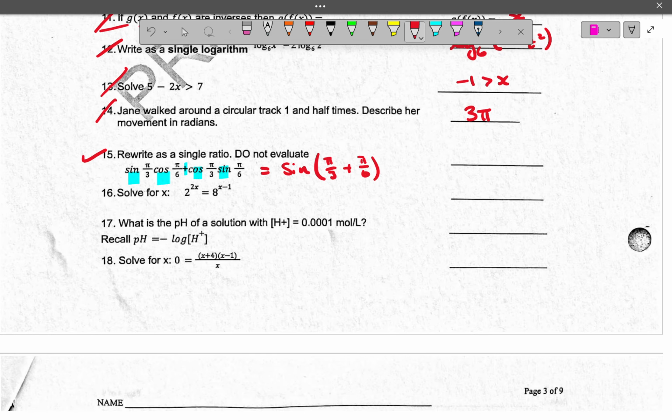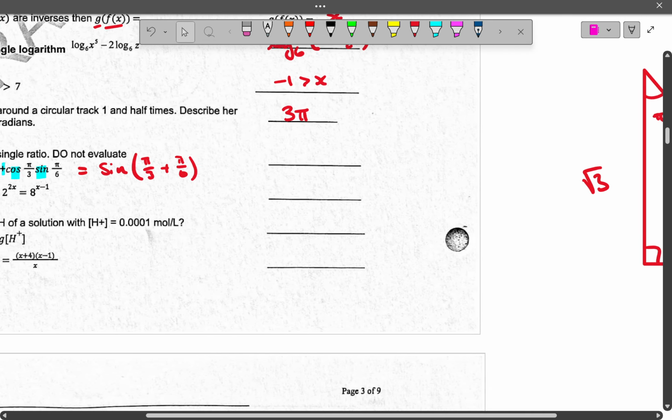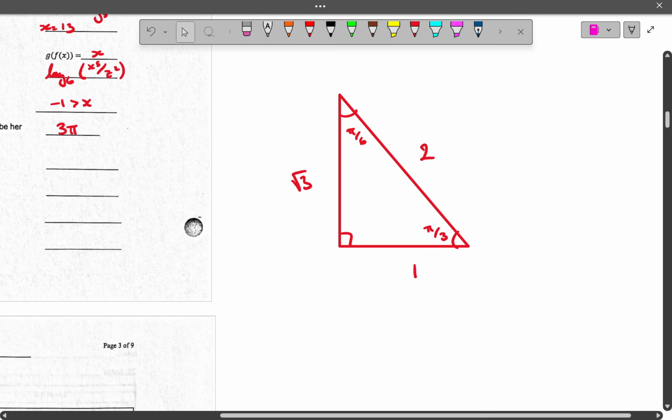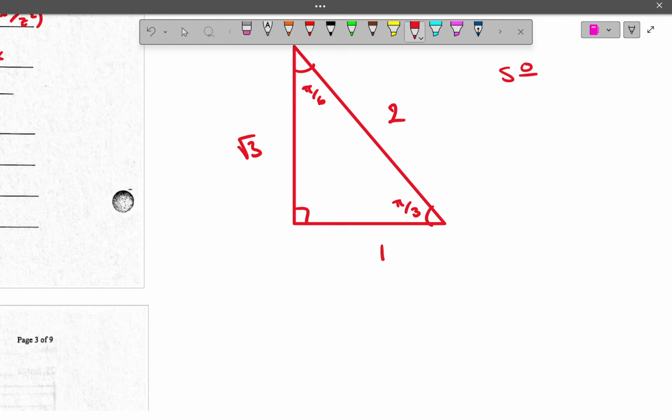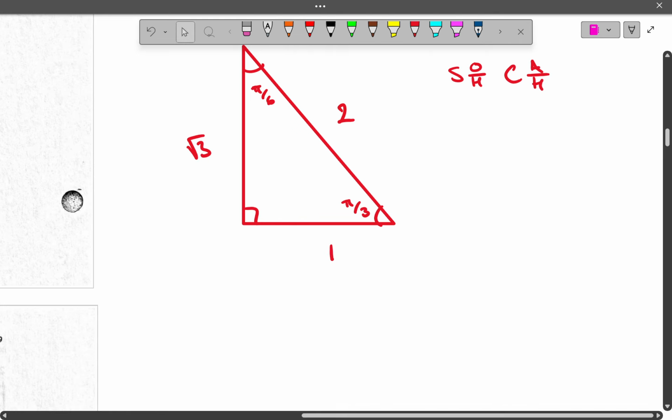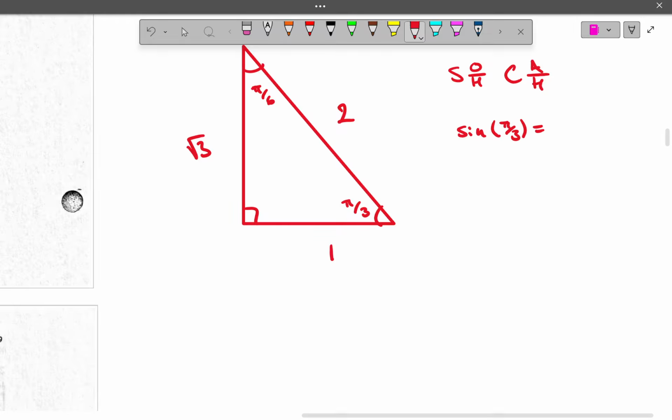So we can use our special triangle to find sine of pi over 3. Here's our angle pi over 3. And I need to find sine of this angle. So sine is opposite over hypotenuse, and then cosine is adjacent over hypotenuse. So if we're asked for sine of pi over 3, that's opposite.